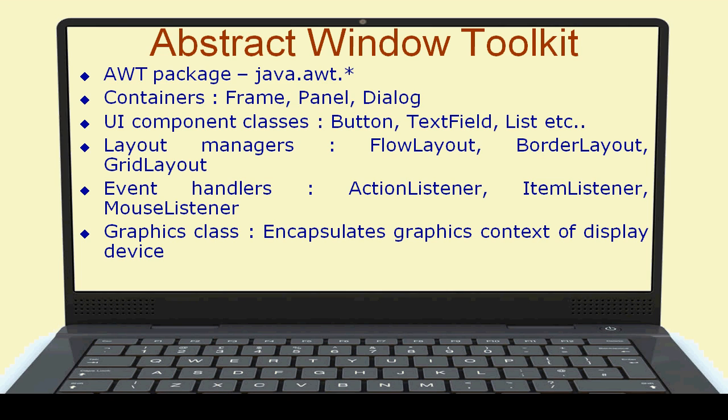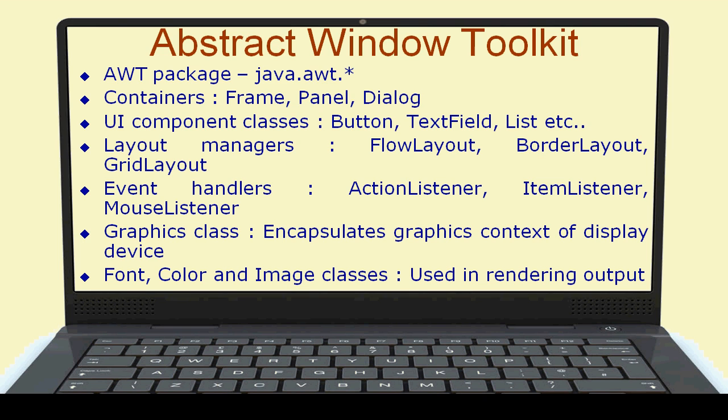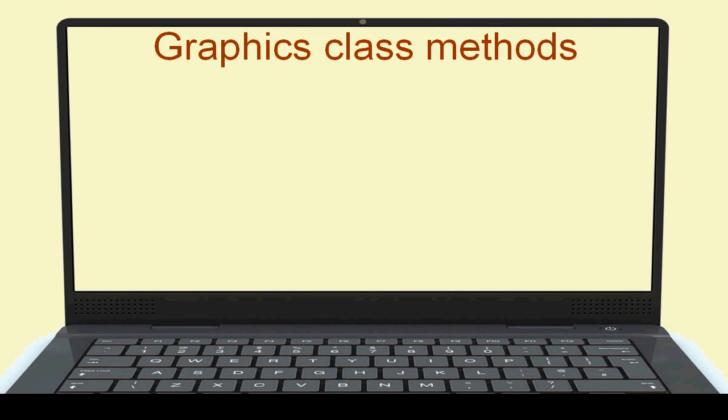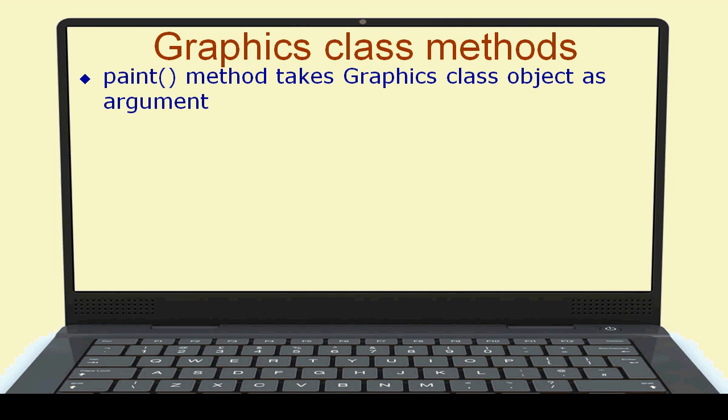AWT package contains a very important class, the Graphics class. It also incorporates the classes for rendering fonts, displaying colors, and managing images. The Graphics class object plays a very important role in displaying the applet output. The paint method of the applet takes a Graphics class object as the argument.